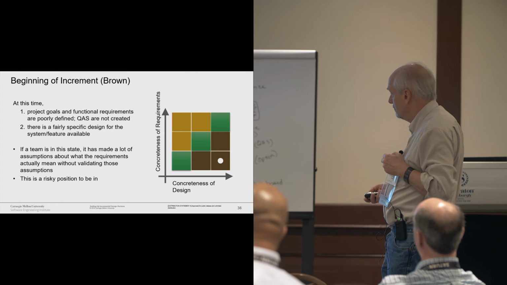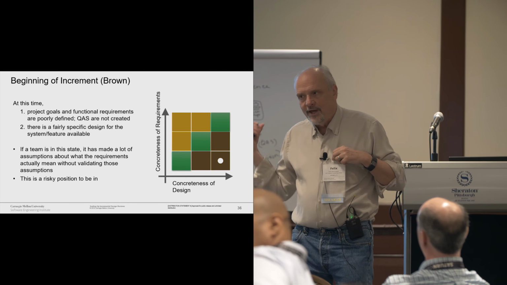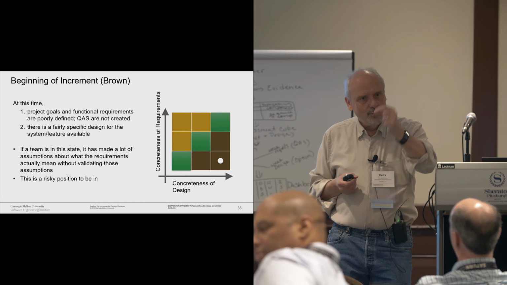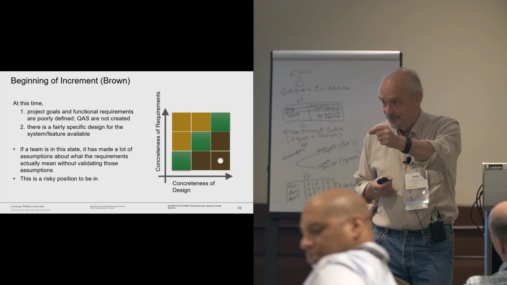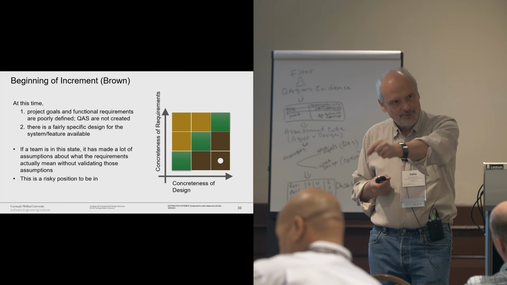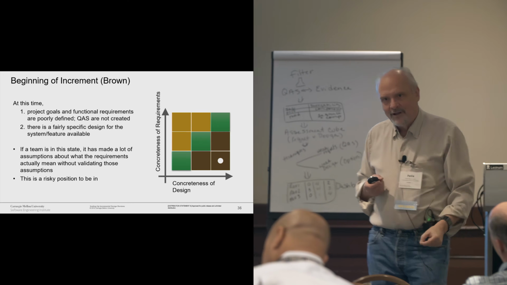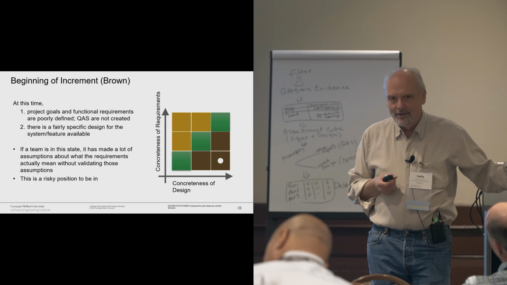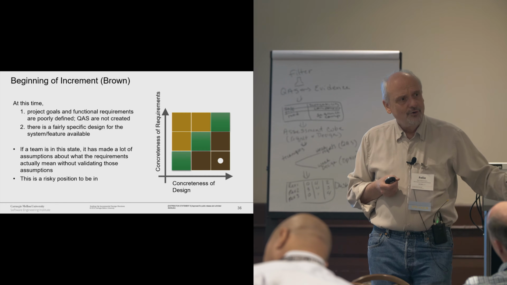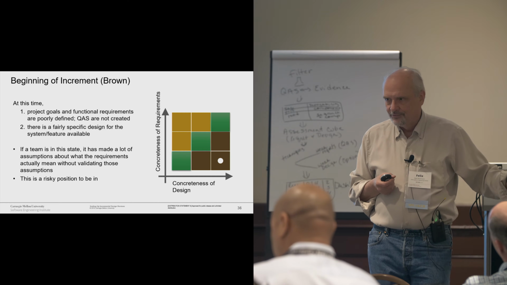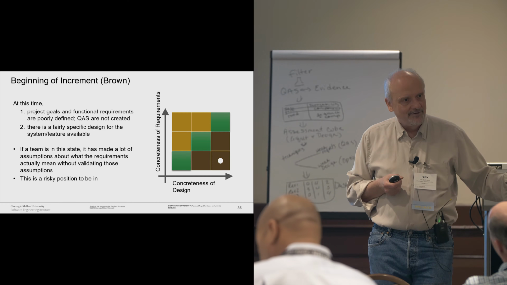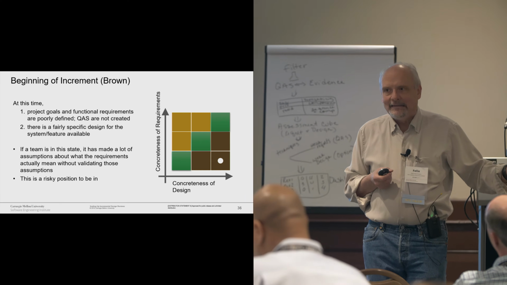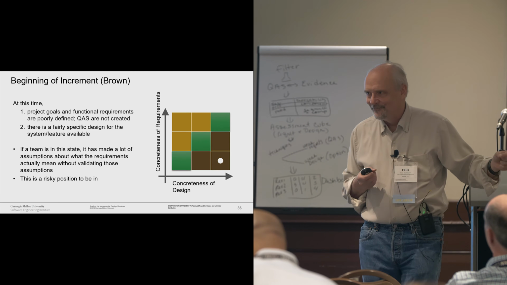Or you could be here. That dot would mark saying, okay, you have a pretty solid design. This is what you try to do, but your requirements are not very concrete. So you're kind of gambling here at that point, saying, maybe we are lucky.